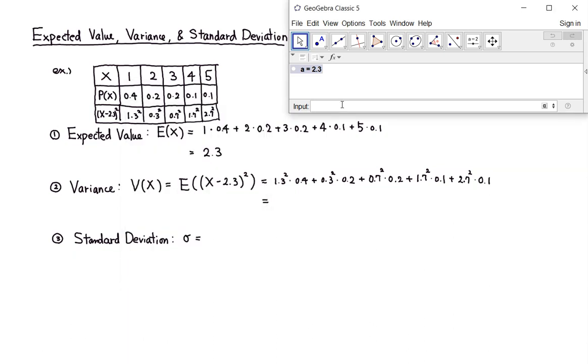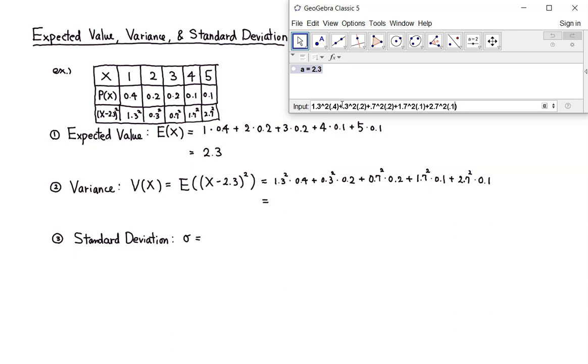So we have 1.3 squared times 0.4 plus 0.3 squared times 0.2, plus 0.7 squared times 0.2, plus 1.7 squared times 0.1, plus 2.7 squared times 0.1.